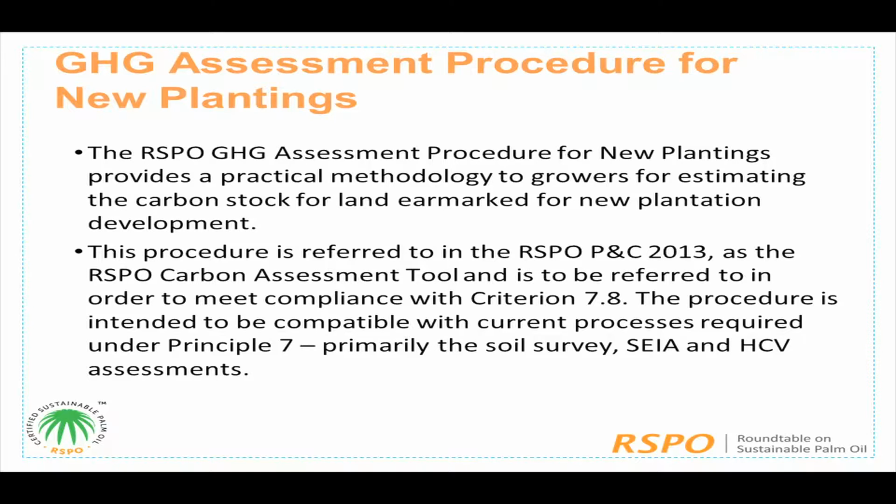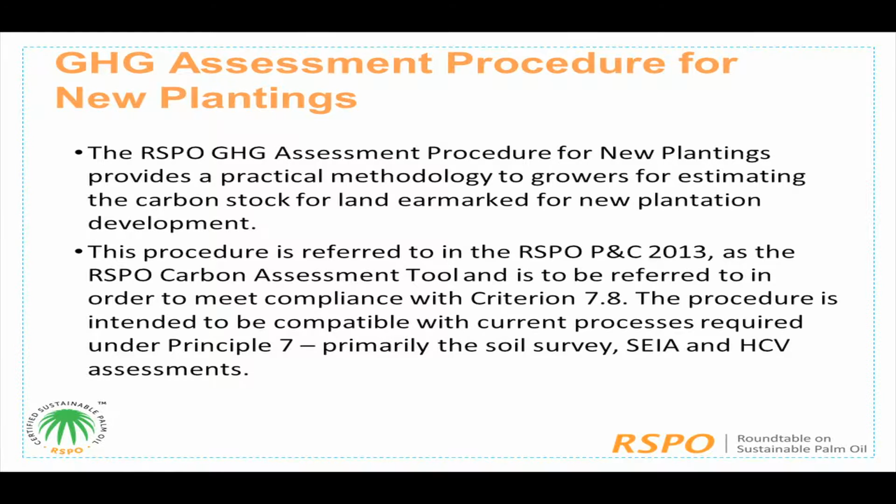So what the RSPO has introduced is what we call the greenhouse gas assessment procedure, which provides a methodology for growers to estimate the carbon stock for new plantation development, and it's meant to be compatible with the other parts of Principle 7, like soil survey, SEIA, and HCV assessments.